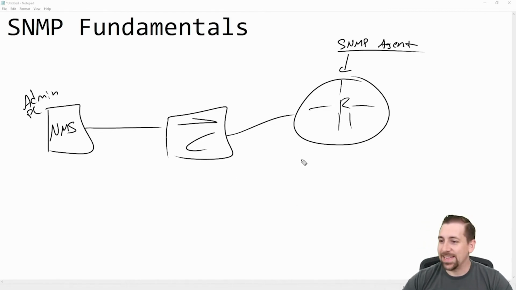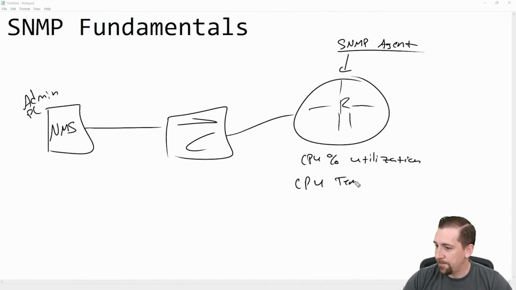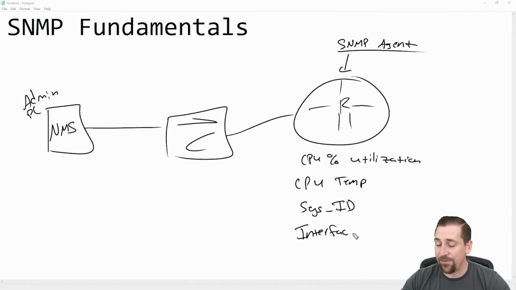And R1 is aggregating data like CPU percentage utilization, right? Like CPU temp, like system ID, like interface statistics, and then there would be some sub-interface statistic information there.